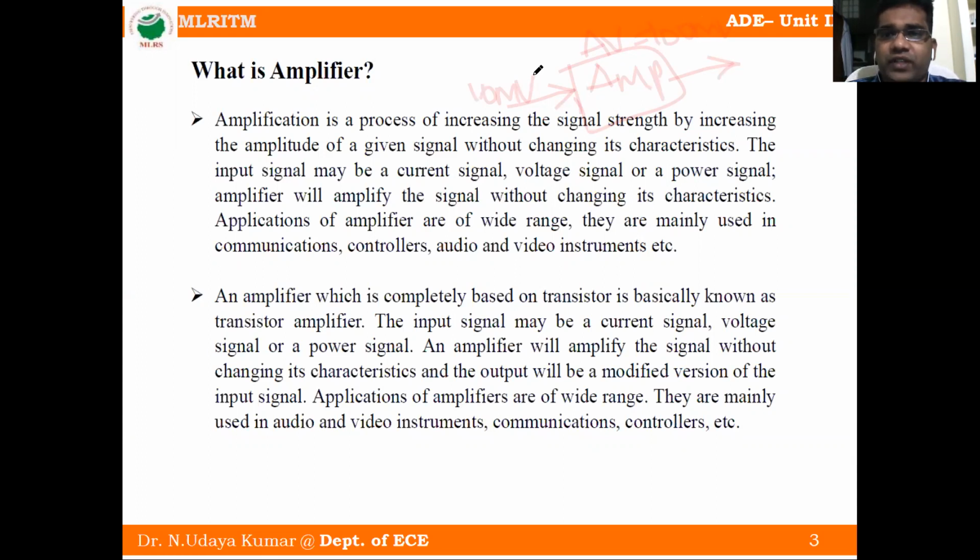Here the amplifier gain is 100, so 100 into 10 is 1000 millivolts. That means the amplifier is strengthening the 10 millivolt weak signal into a 1000 millivolt strong signal. That is the purpose of amplification.